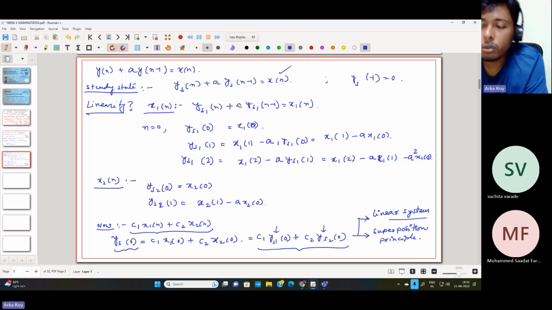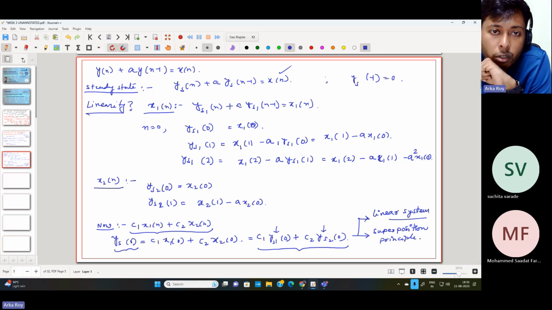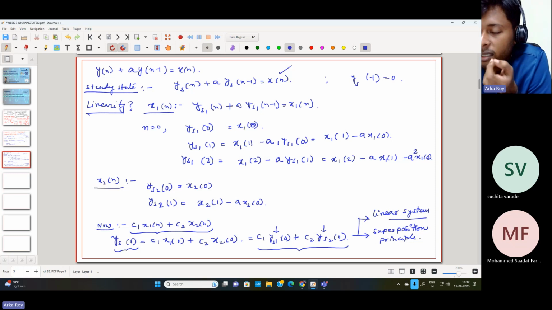You can also use the property of induction, and using the induction theorem you can prove it: you choose that for m indexes this is valid, and then prove that it is also valid for m plus 1 indexes. I have just taken a particular case at n equals 0, and at n equals 0 we can see the system is linear.